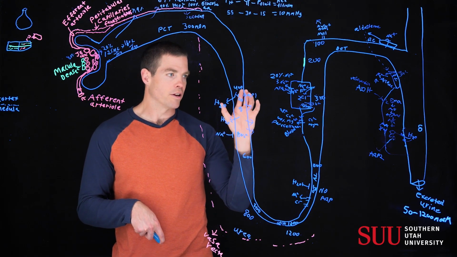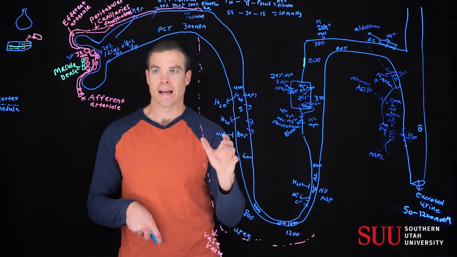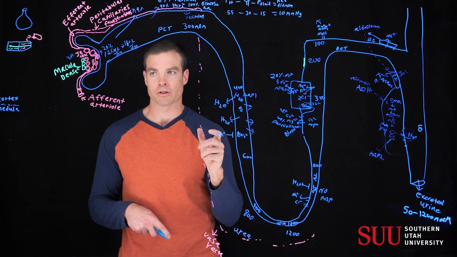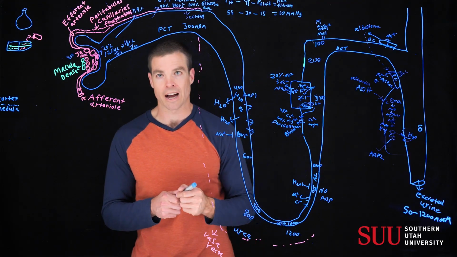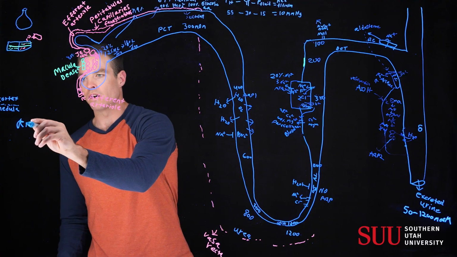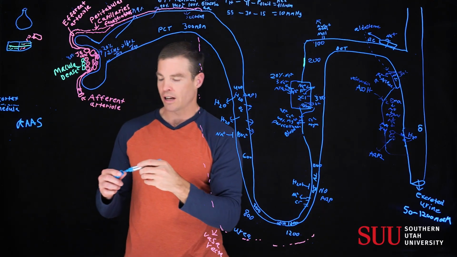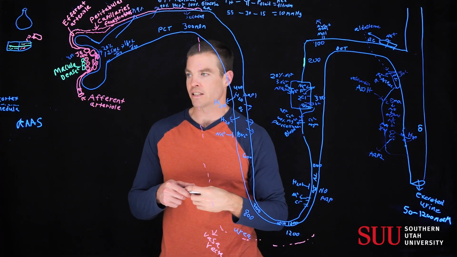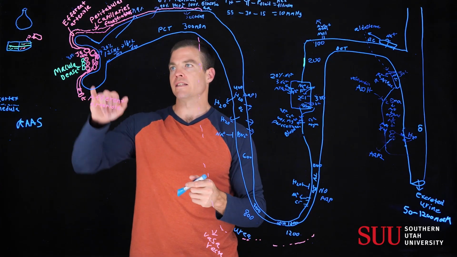Okay, let's talk more though about how we're regulating our blood pressure and our sodium levels, because there's a very important system called the RAAS system, we can call it. We'll just do RAAS. That's the renin-angiotensin-aldosterone system. And what happens is, let's start.